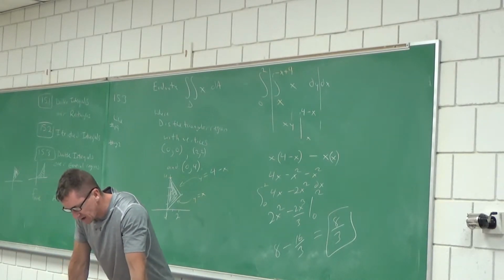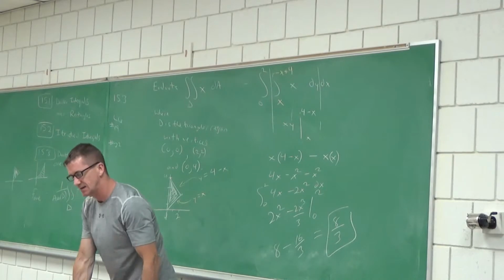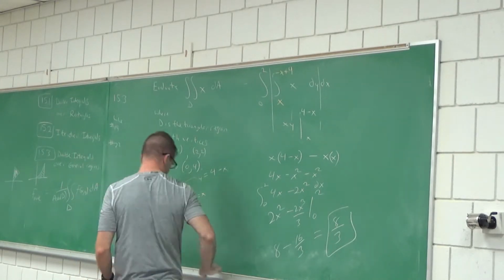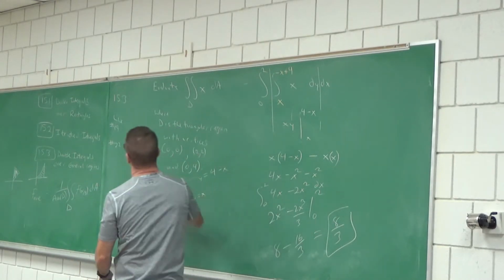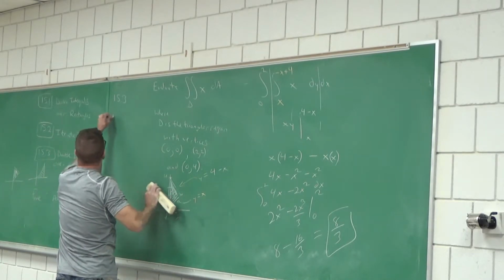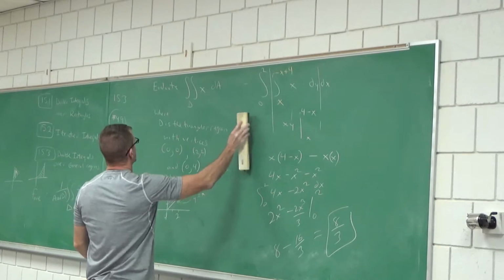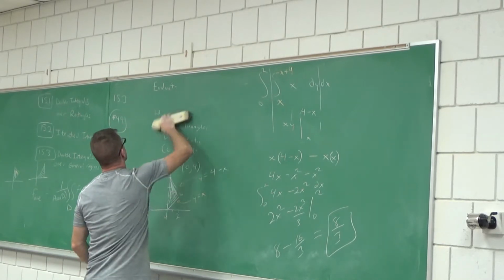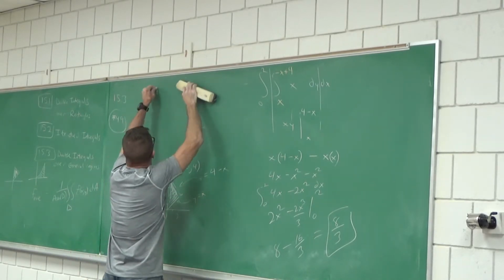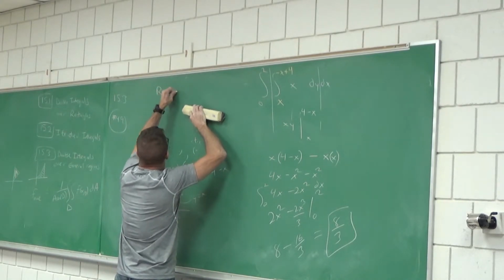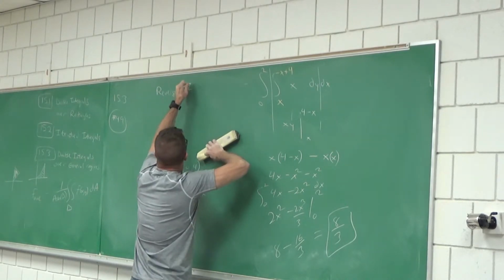I'll probably even start one like this tomorrow. Page 996, problem number 49, just because I like to give you a lot of practice on this. They call this reversing the order of integration. It's in 15.3.